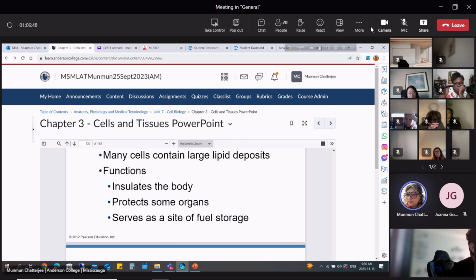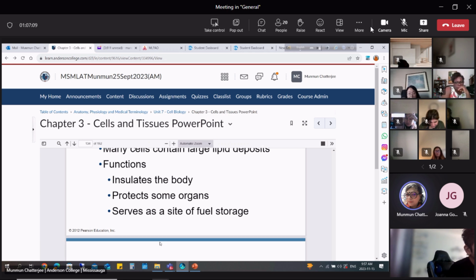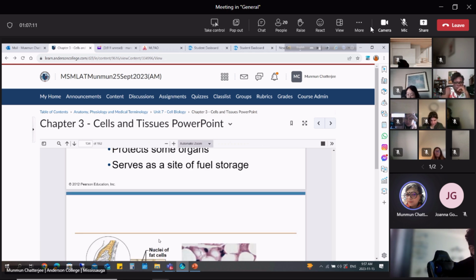That's why when you have too much adipose tissue, you get fatter and fatter. But what is the main function? To insulate the body to protect you from outside heat and cold, protect some organs, and serve as fuel storage. That's the energy storage. When there is a need, this fat breaks down and produces energy and helps the body function properly.